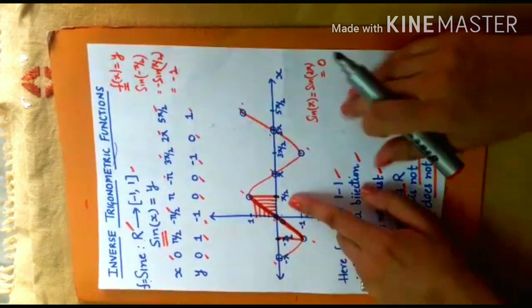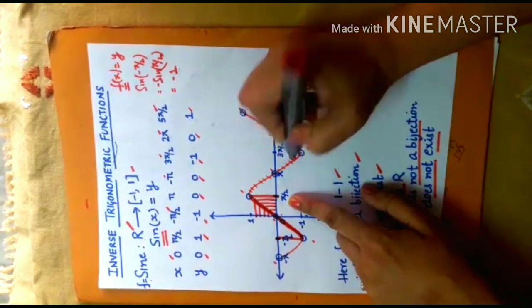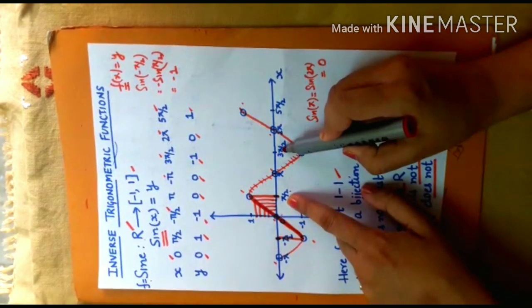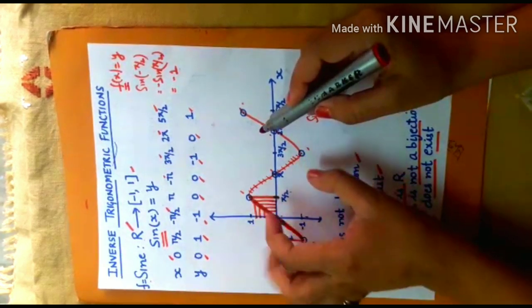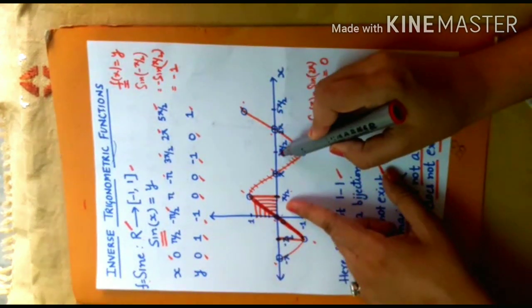Similarly, if I take this branch of sine function, that is from pi by 2 to 3 pi by 2, again you can see that the function will be 1 to 1 and onto both.